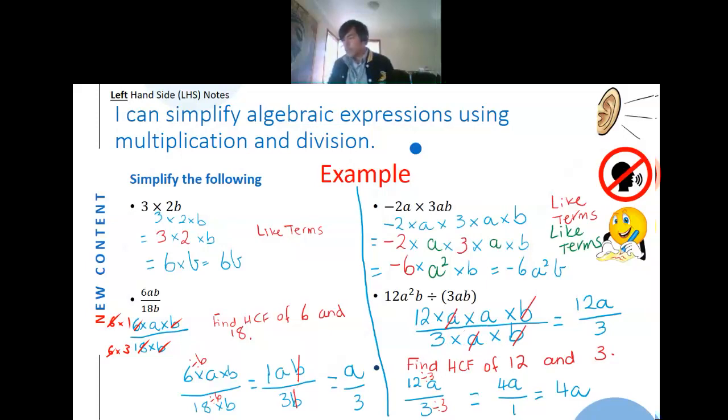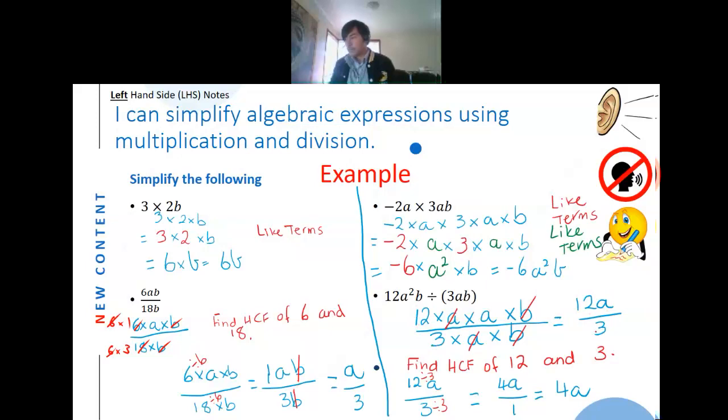Right away we can see that at the top and at the bottom we got a, and then we got b at the top and bottom as well. So we cross them out. Now what we have left at the top is 12 times a, so 12a.